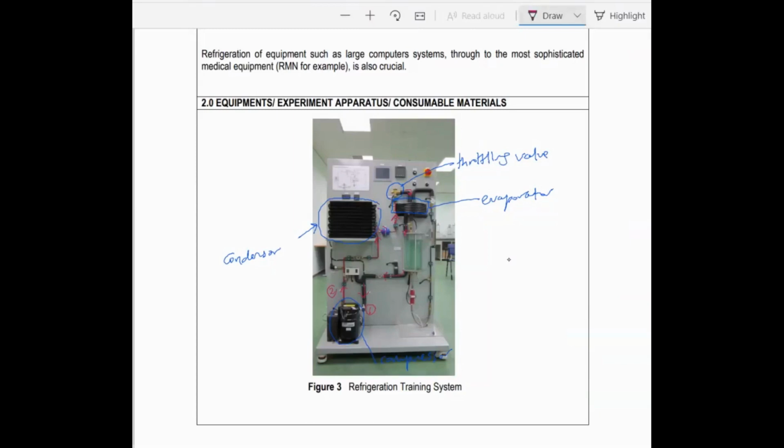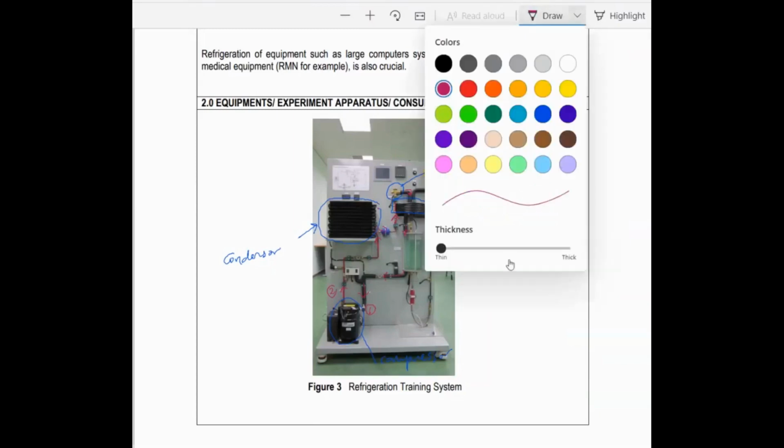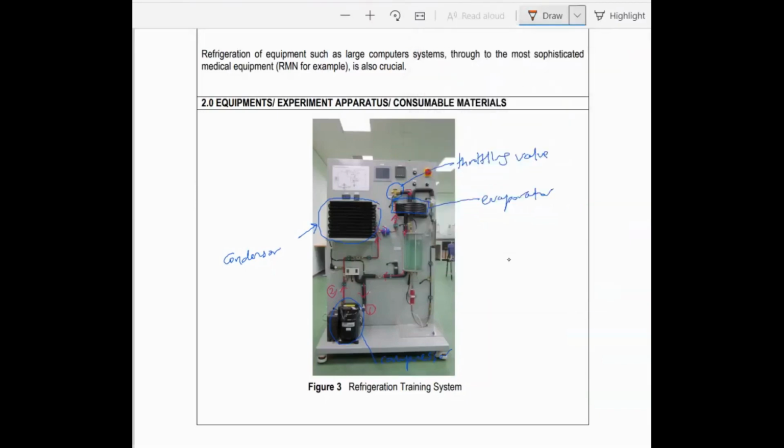As you can see, on top of these 4 components, there is a water tank. The function of this water tank is to provide the load to the system.